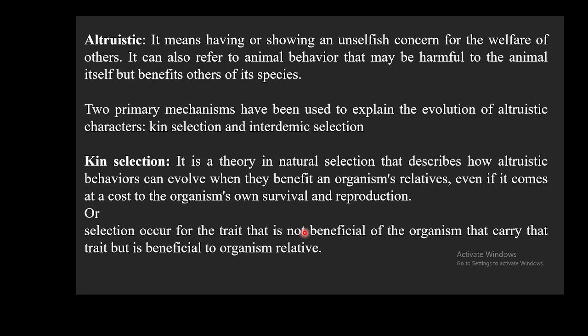Similarly, some insects make a sound, giving a signal to their relatives that a predator is going to attack. But because they are making sound, the predator can attack that particular insect itself. So it is harmful to the insect giving the signal, but beneficial for the other close relatives.